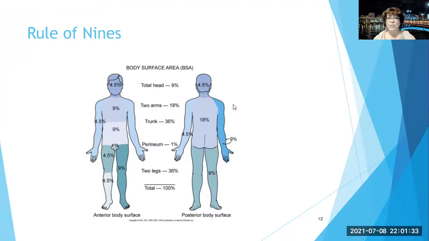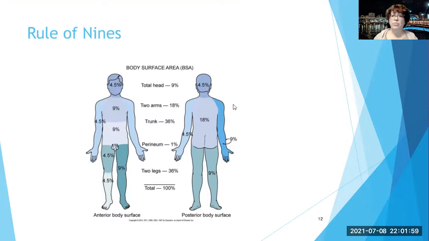There is another method for calculating burns, and I have it in the module for pediatric burns, because children have greater surface area to their entire area. And so pediatric burns are a specialty area. You can use the rule of nines, or you can use another method to calculate.